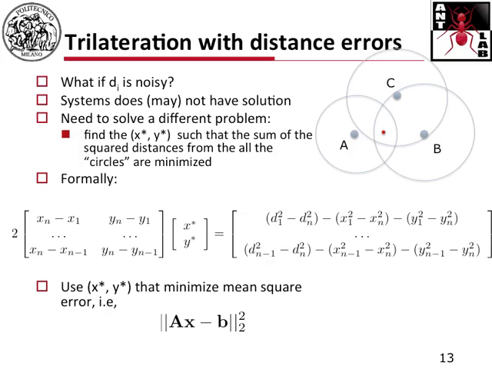Because you can find one point which is exactly lying on the circles of all the anchors, which means that this is 0. Okay? So this is not ideal, which means that we expect to have here an error function which is non-zero, higher than 0. Okay? But still we want to minimize it, so we want to keep it as low as possible. That's the only thing we can do actually. Okay?